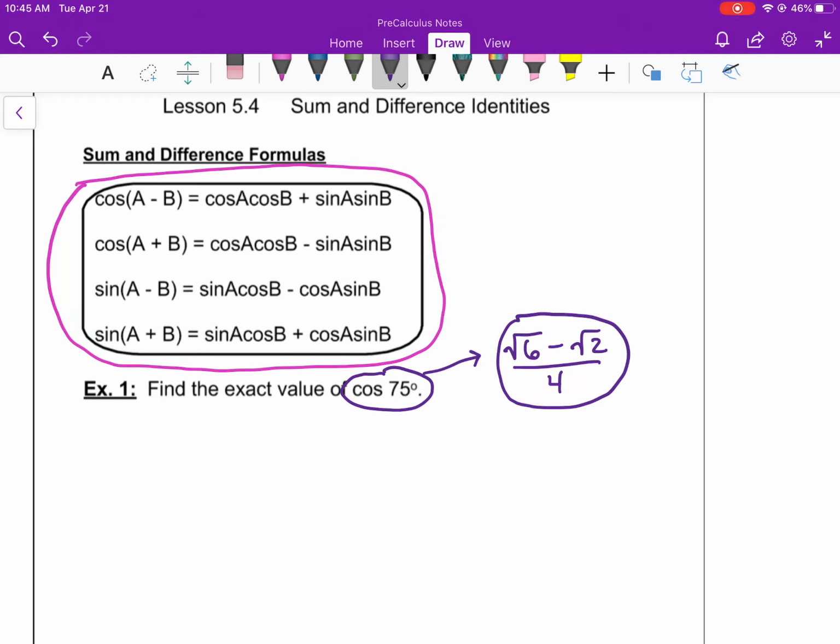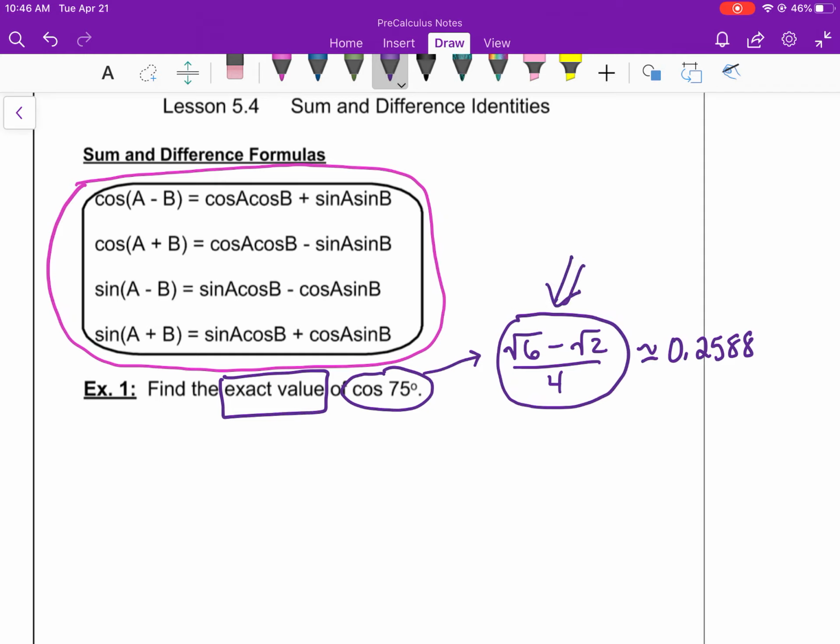So cosine 75 degrees is also 0.2588. So if you type cosine of 75 degrees into your calculator, you're going to get one or the other representation. If I said you had to find the exact value, this is the answer you want.